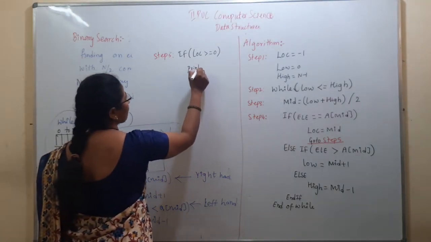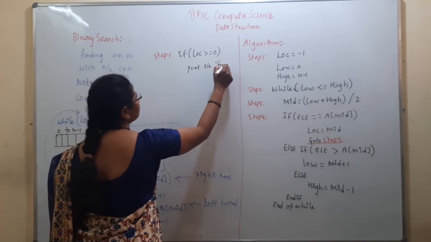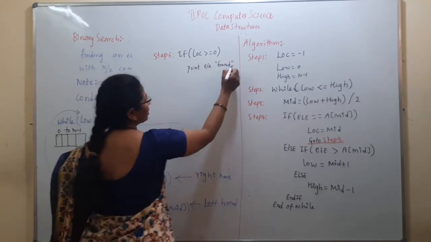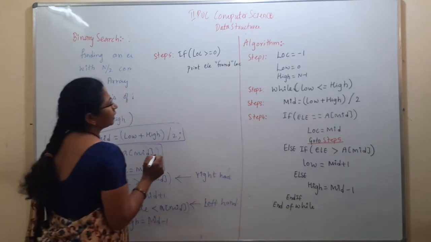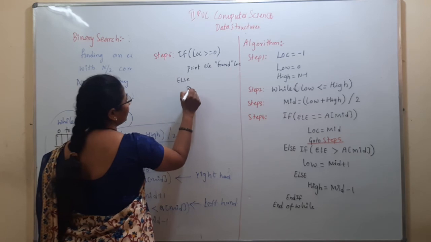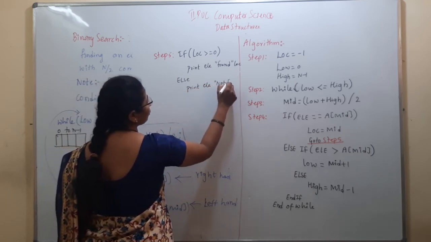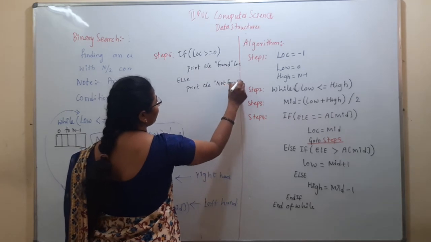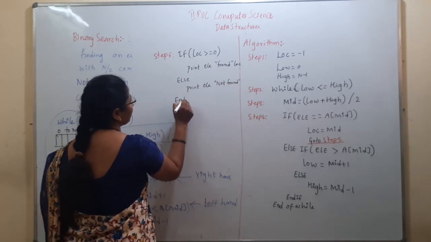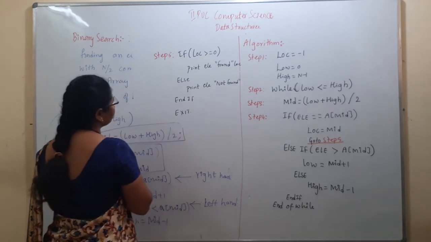Print element found at location. Else print element not found. And the last step, exit.